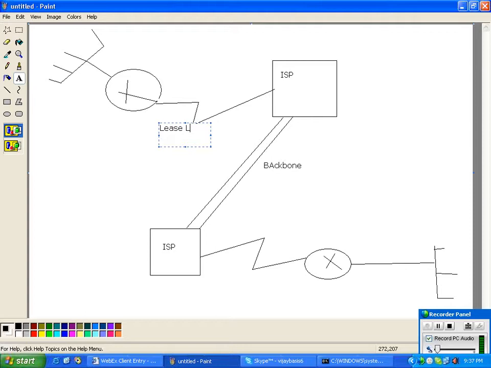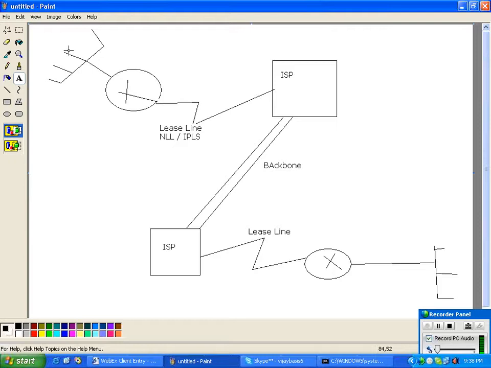National lease line or International Private Lease Line, IPLC, we call it as IPLC. Lease line means public line. You will be taking lease line for a period of time. You have to renew this lease period every time.